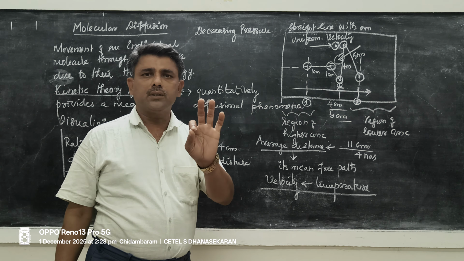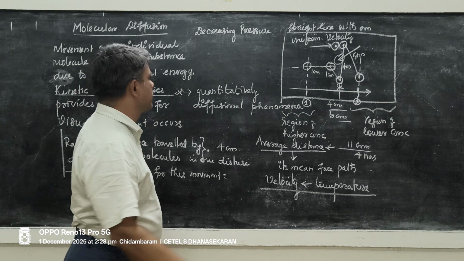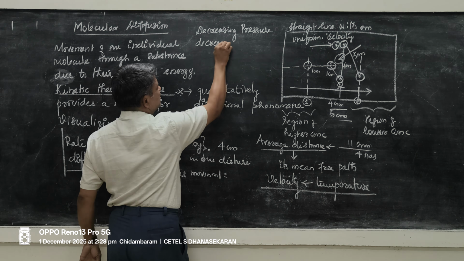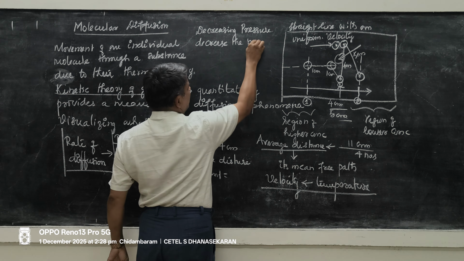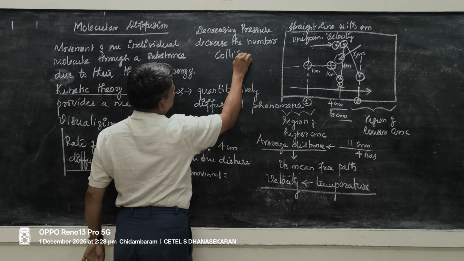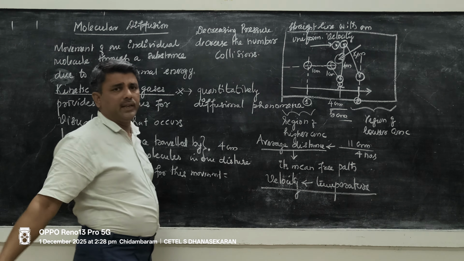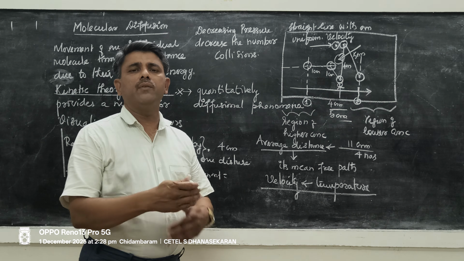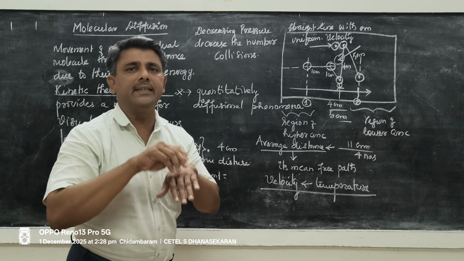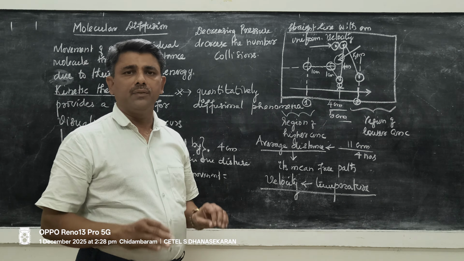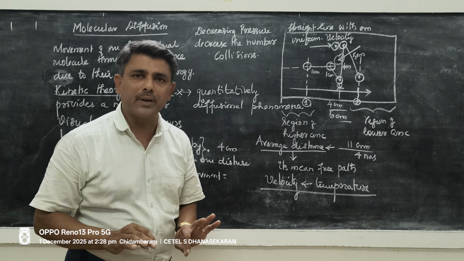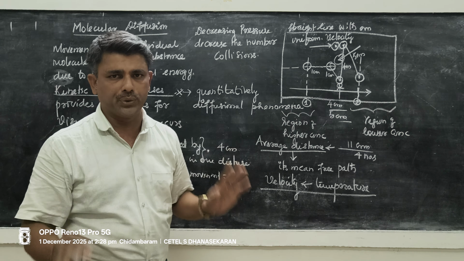Decreasing pressure causes a decrease in the number of collisions. Due to the decrease in the number of collisions, the rate will be increased. Rate of diffusion will increase with decreasing pressure. First point.